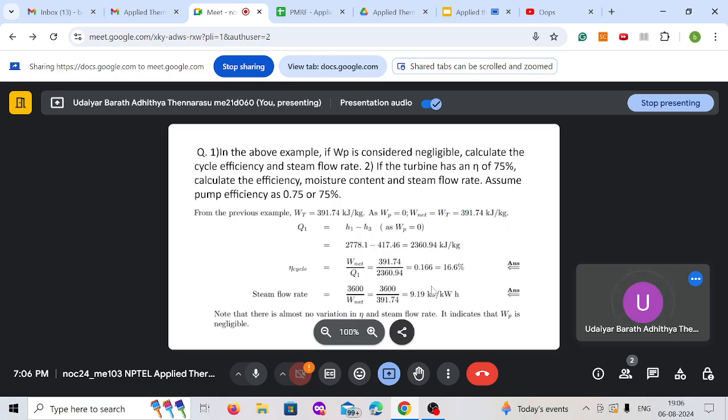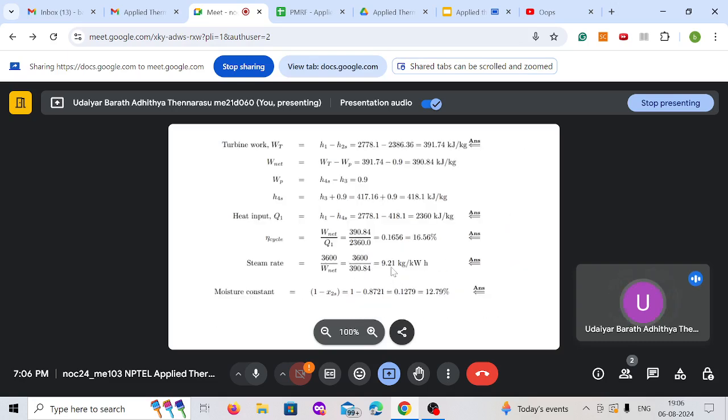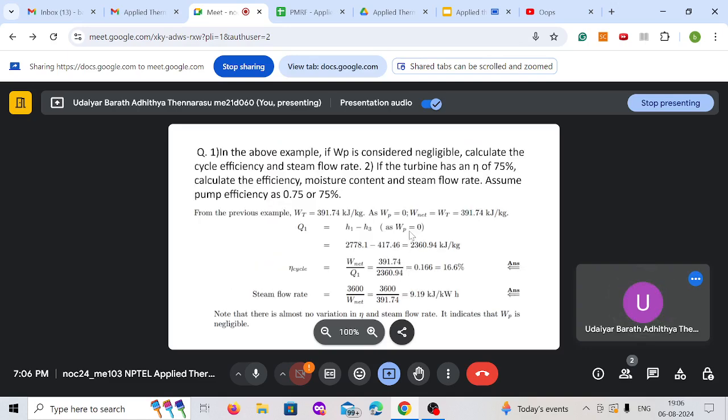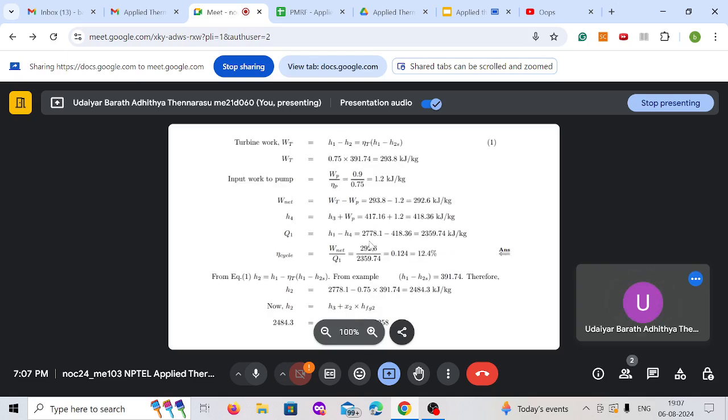Here it's 9.19, earlier it was 9.21, so a slight reduction. If you see there is almost no variation in efficiency and steam flow rate, it indicates that WP is negligible. So there is no need to find it separately, you can straight away neglect the pump work.